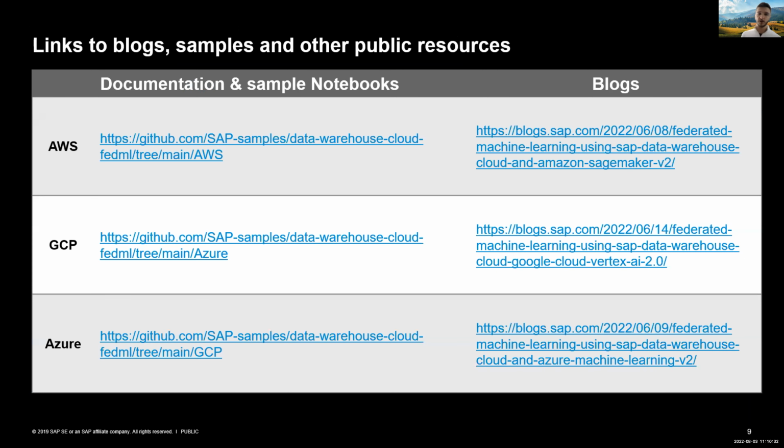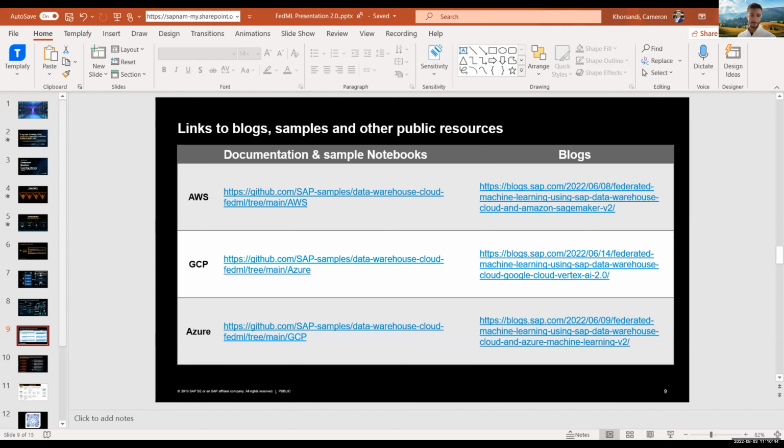We have some links to hyperscaler-specific notebooks and some blogs on how you can enable yourself. But let me jump into the mission itself. In this case, we want to talk about predict and analyze retail inventory allocation using FedML. This use case is for utilizing retail data for inventory reservations.